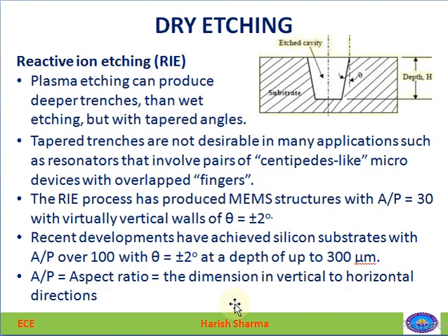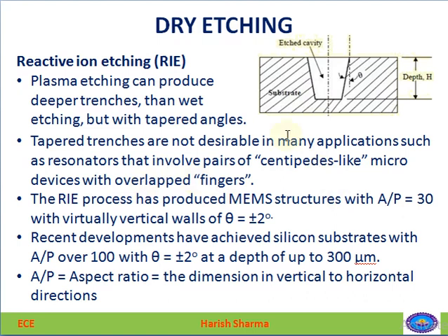In the case of plasma etching, though the depth etching is more than the side wall etching, it's not etching properly; it's creating an angled, tapered trench. These trenches are not desirable in some applications like contact pads and micro devices with overlapped fingers.